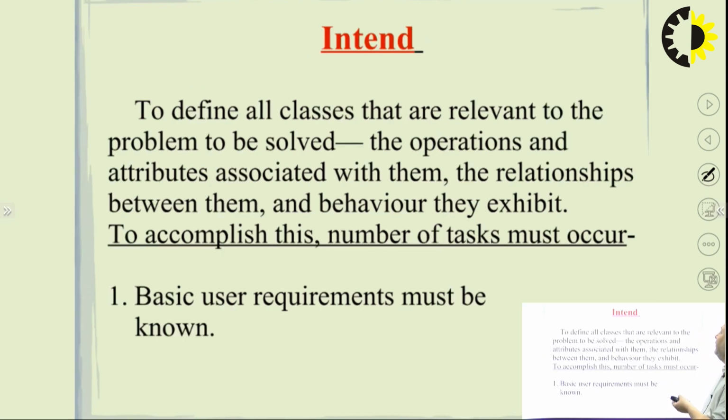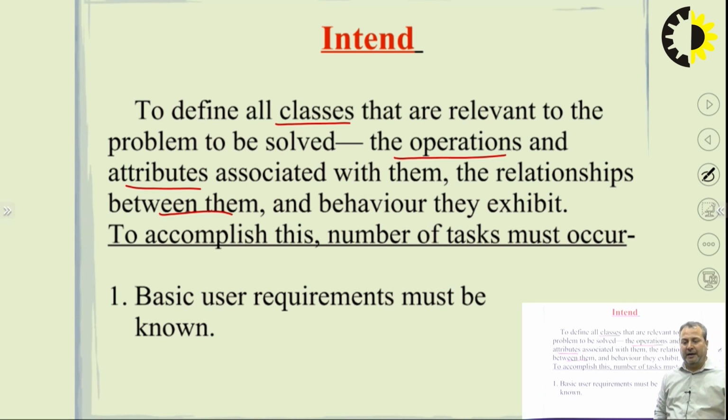The intent is to define all classes relevant to the problem to be solved, as well as the operations, meaning the functions, and the attributes like title, associated with them, the relationships between the objects, and behavior. Behavior is again like the function they exhibit.